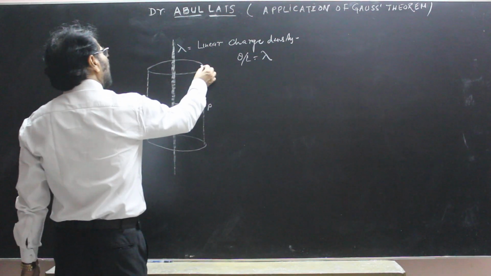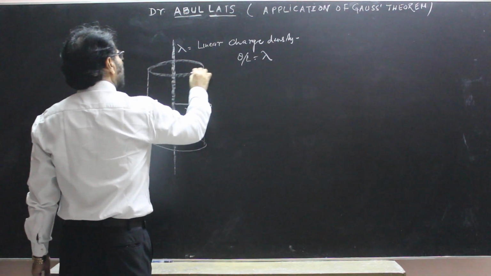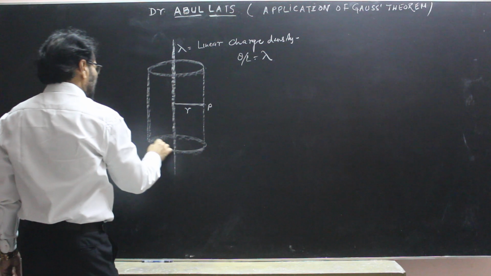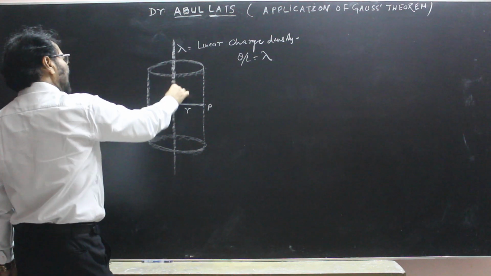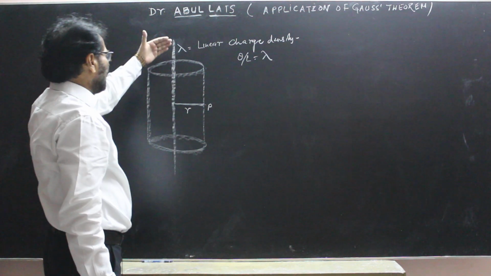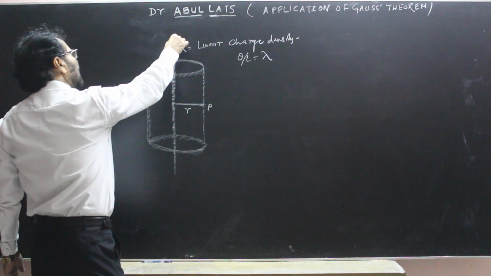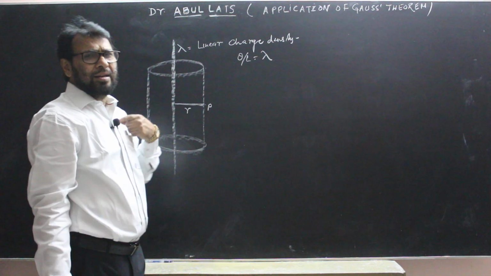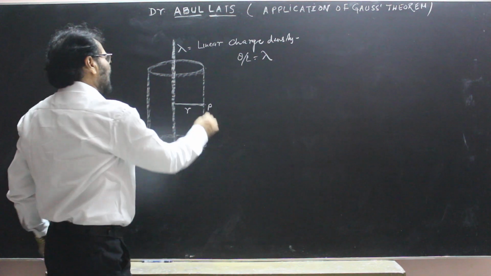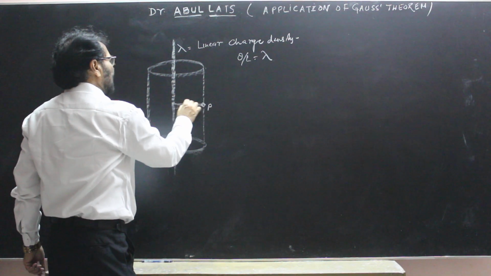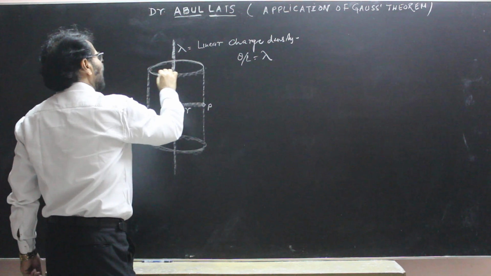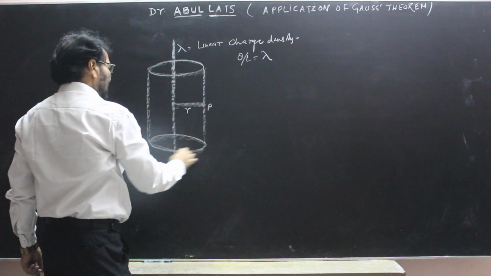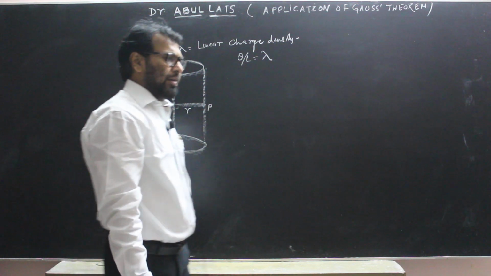Now we take a Gaussian surface in the form of a cylinder, and the axis of the cylinder lies at the conductor itself. ये जो कंडक्टर है, this conductor lies at the axis of the cylinder, and this point P is the radius of that cylinder. So we are going to calculate the electric field at point P.